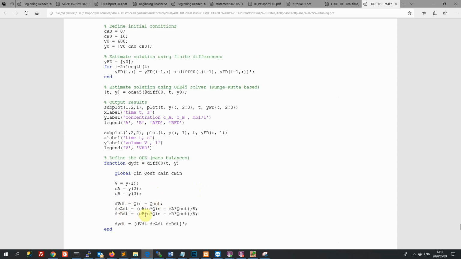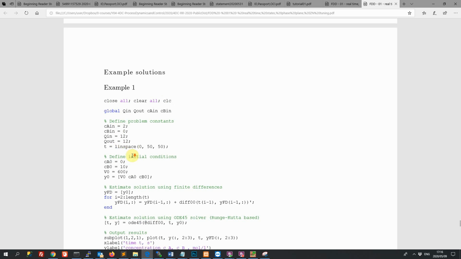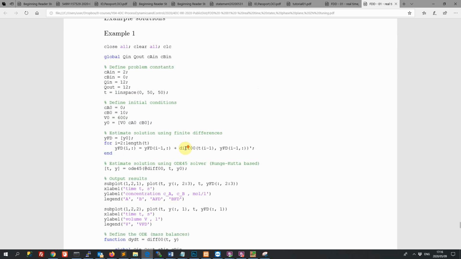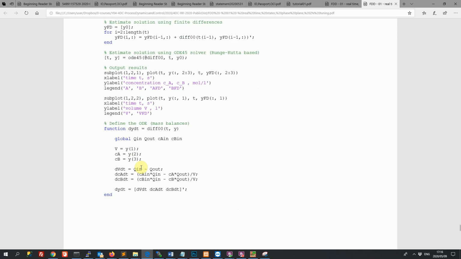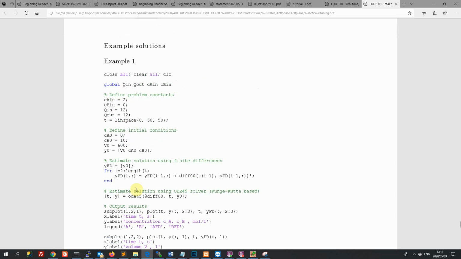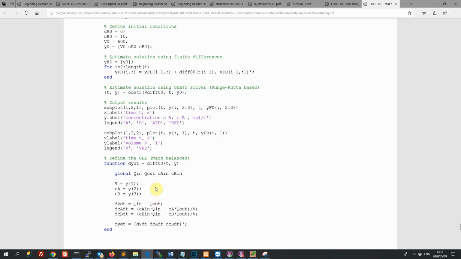Yeah, so you can see here the 3 differential equations are listed here, and so this is the general form. So you can use this code. You can play around with the numbers here, and this will give you the correct results. And yeah, this is written in MATLAB, so you can write it in MATLAB, or you can translate this to Python and you can run this code. I can see it is set up properly.